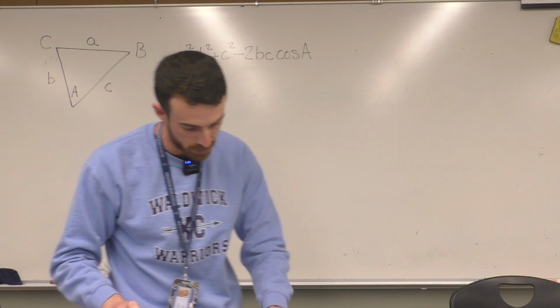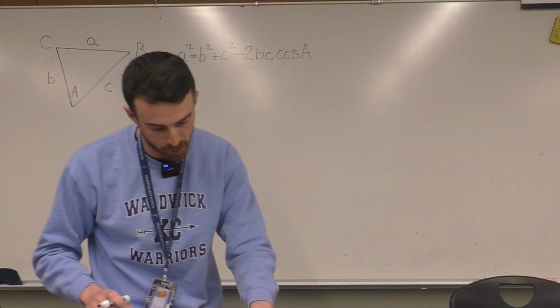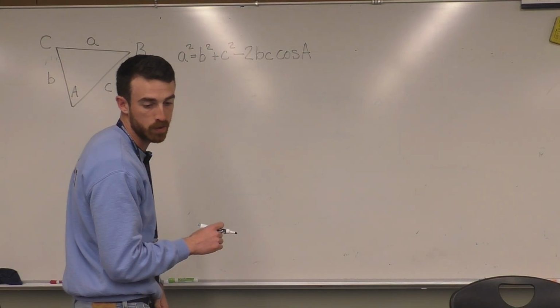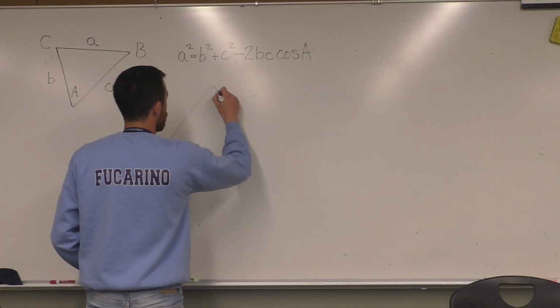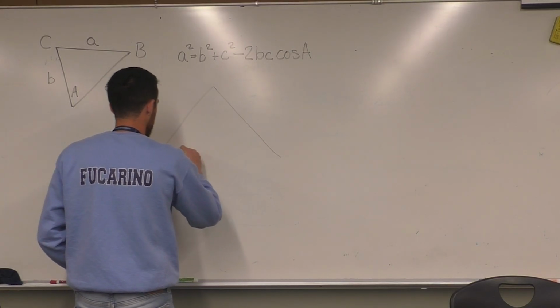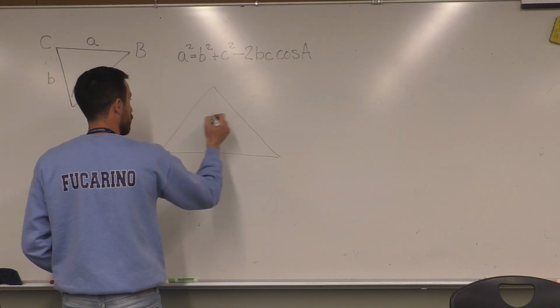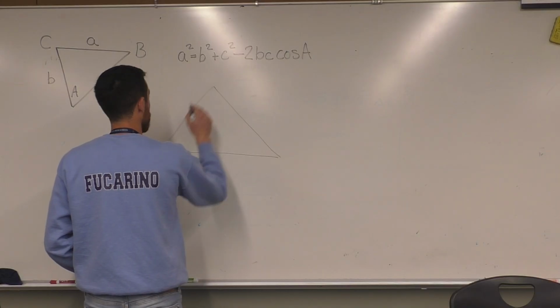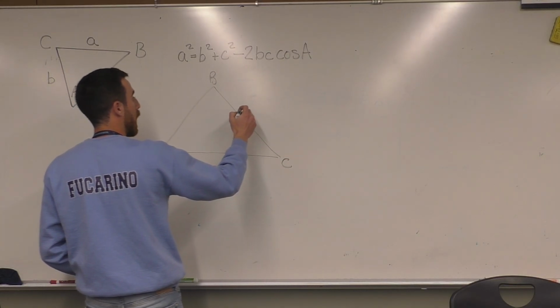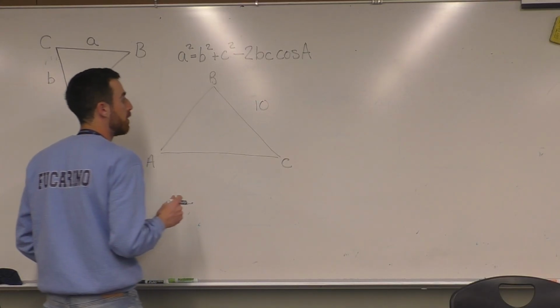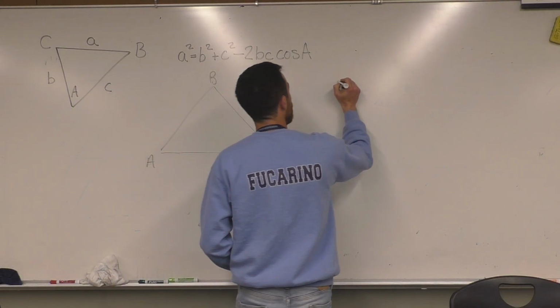Number 14 does not give us a picture. A equals 10, B equals 12, and C equals 16. I'm going to draw the same triangle every time. These are angles A, B, and C, which we use capitals for. So lowercase a, the side length, would be 10.